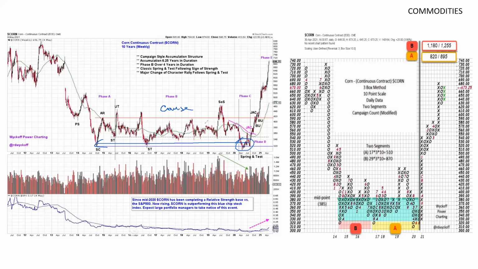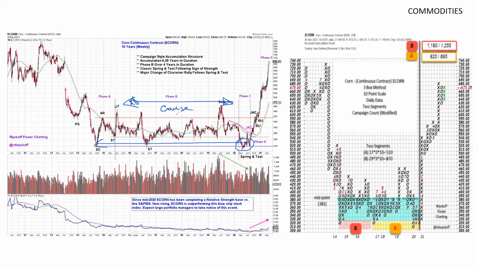And so what I find really interesting about this chart, Roman, and we haven't really had a lot of time to talk about it, is how large phase B is, because phase B is where you get a lot of trendless trading, which builds a huge point and figure count for an important move.